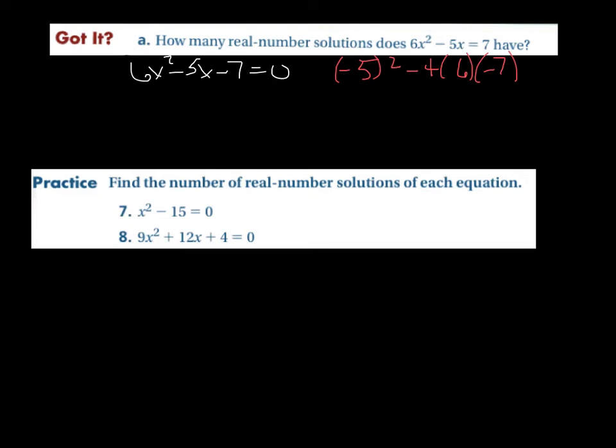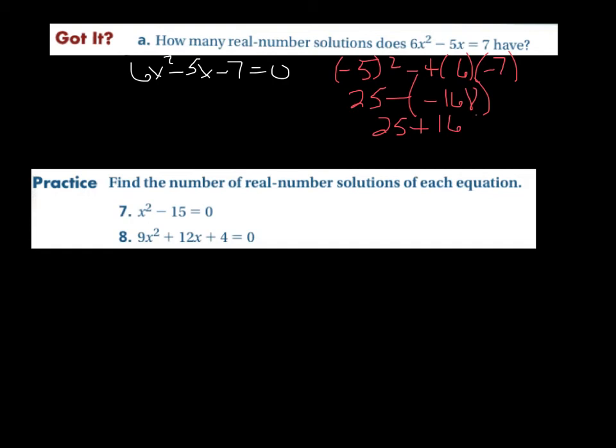That's going to give me positive 25, and then minus 4 times 6 times 7, which is 168, so negative 168, and the negative negative turns out to be a positive.